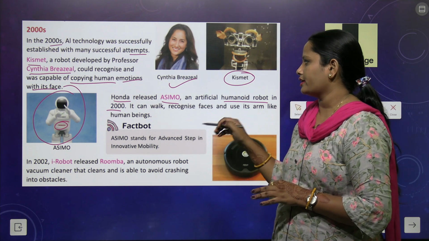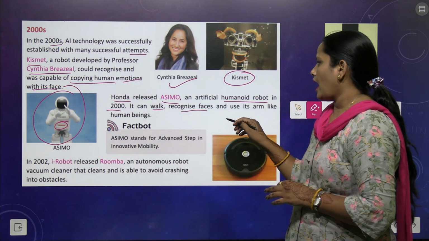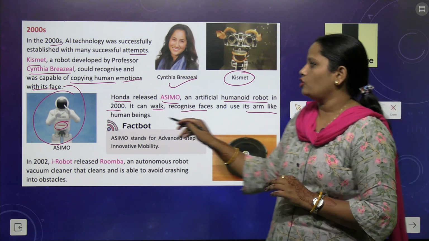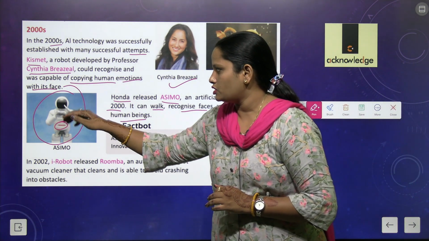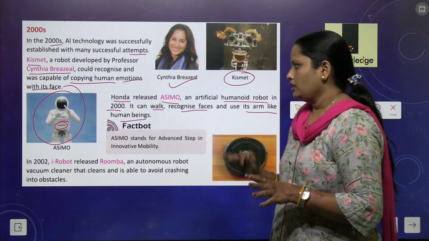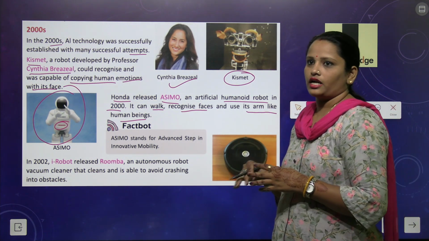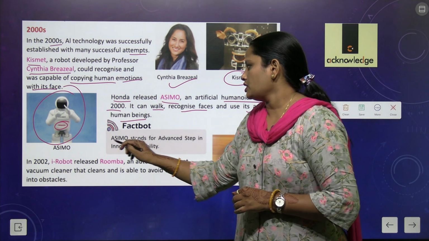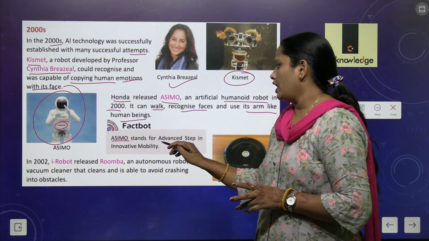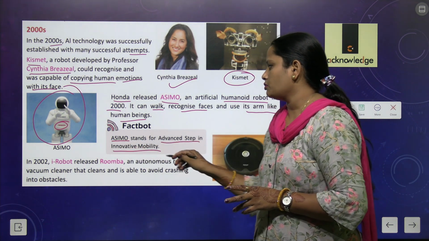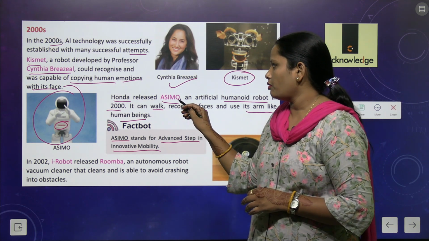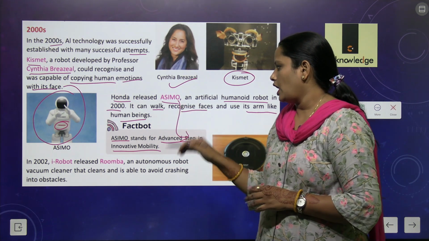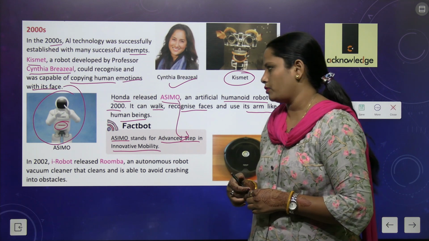It can walk, recognize faces, and use its arms like human beings. See, we can see that it is using its arms, and it is doing all the work that humans are doing. ASIMO stands for Advanced Step in Innovation Mobility. So this is the full form of this robot.